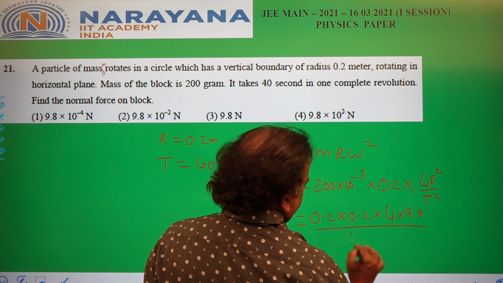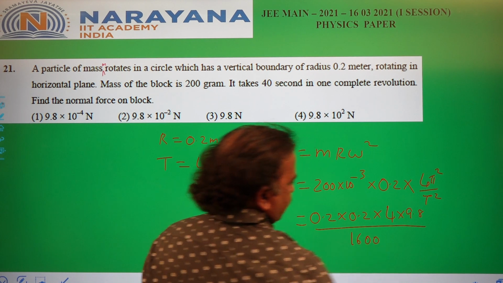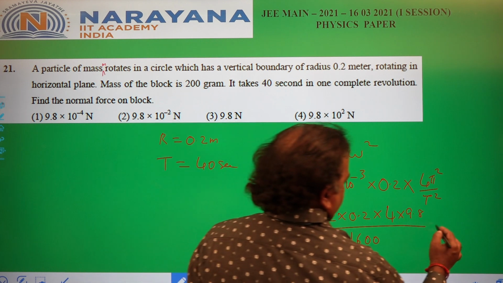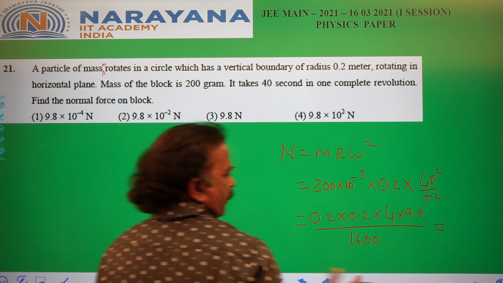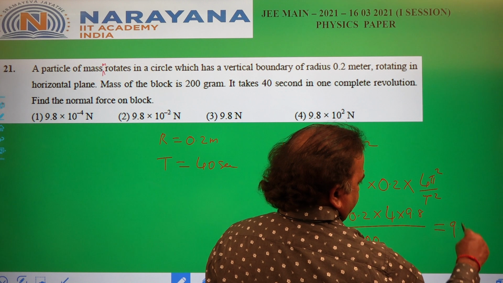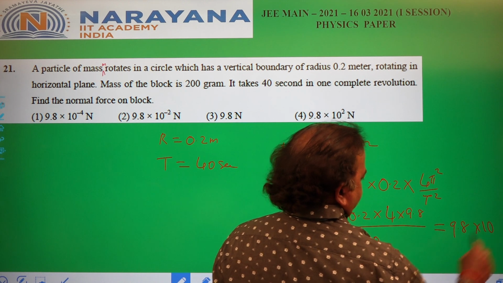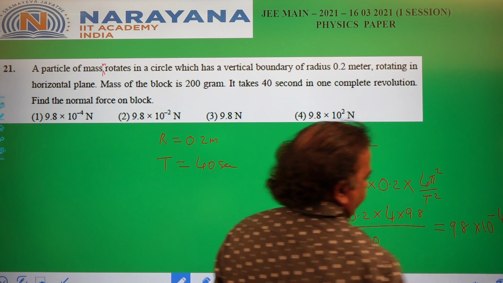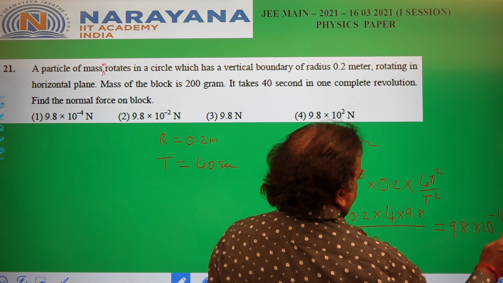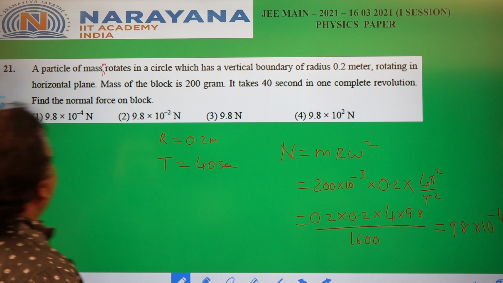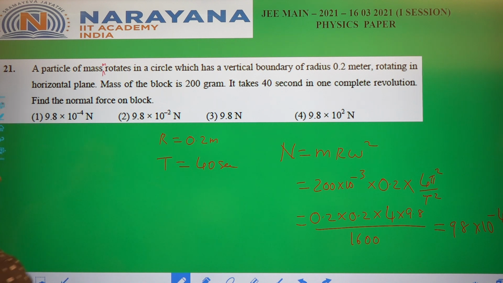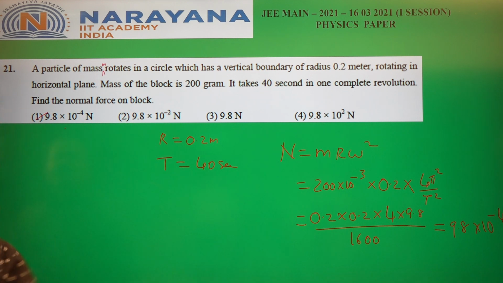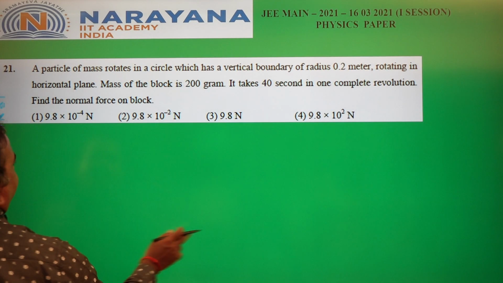So 40 square. Around about what you get? 9.8 into 10 power minus 4, so it will be 9.8 into 10 power minus 4 newtons. Option will be the first option. Simple based question. Go for the next question.